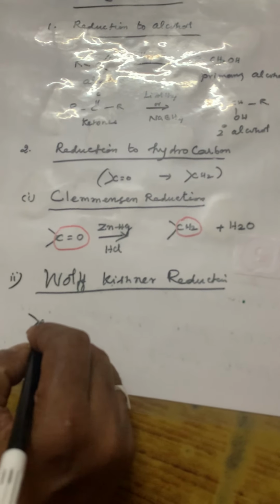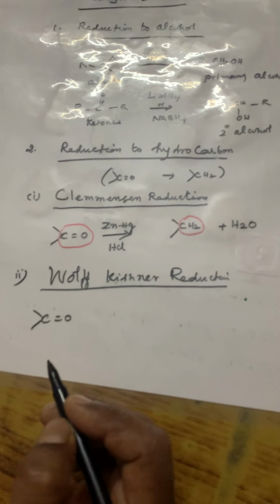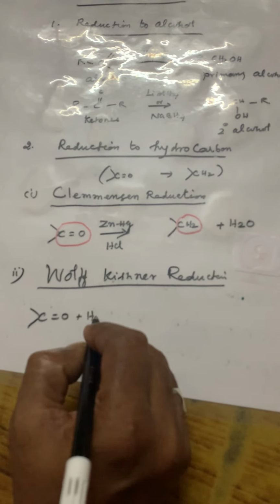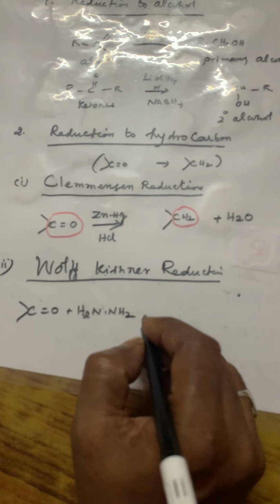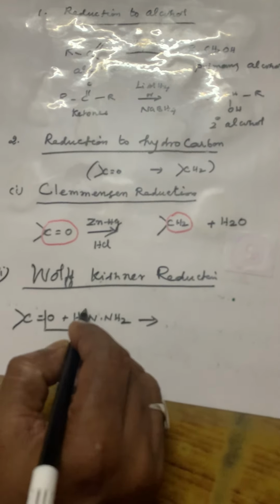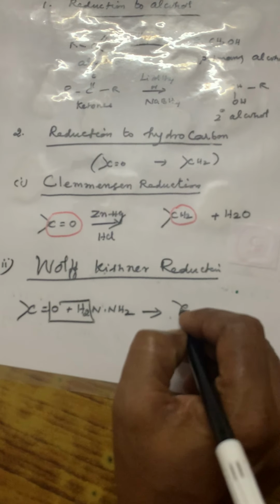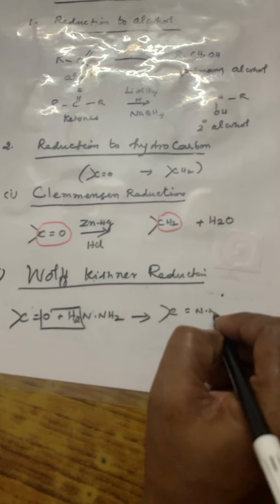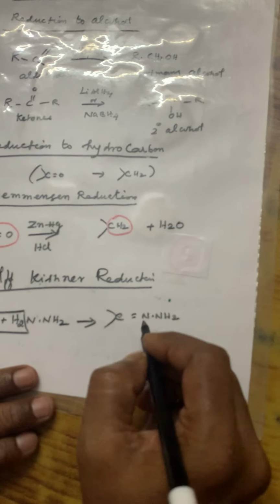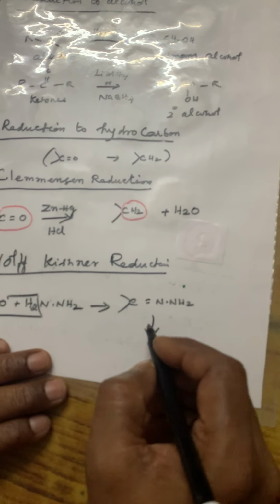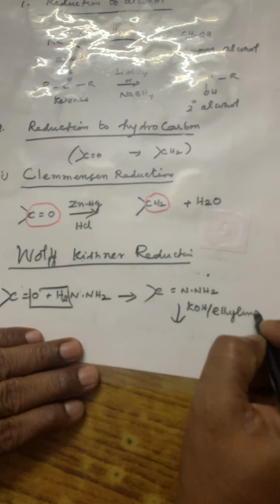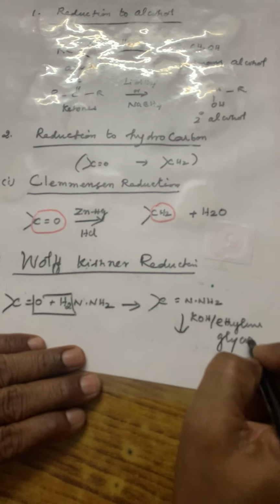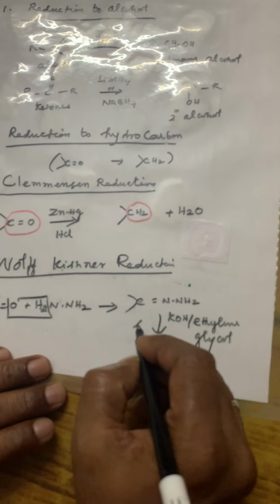Here, this is a carbonyl carbon, which reacts with hydrazine and gives C double bond N-NH2, followed by ethylene glycol and KOH, and slightly heat it.